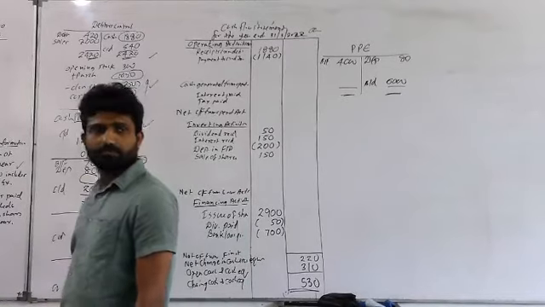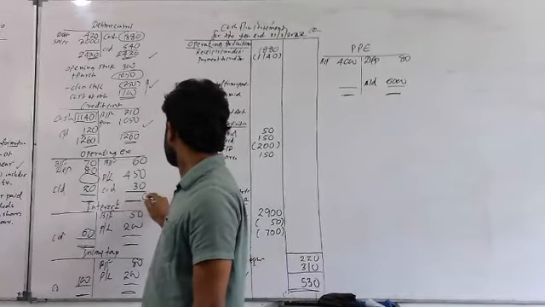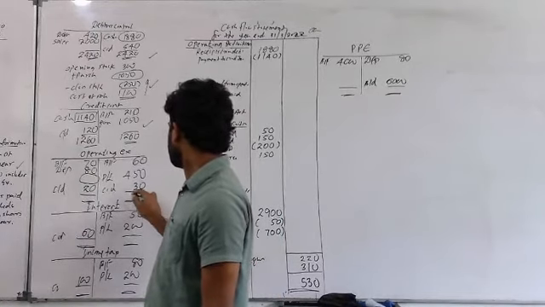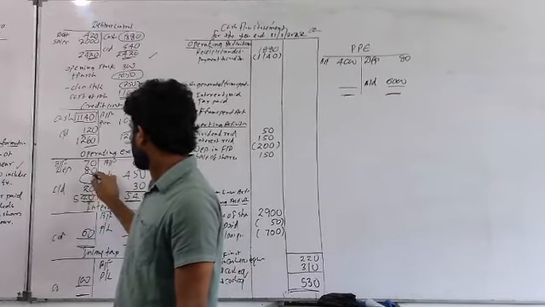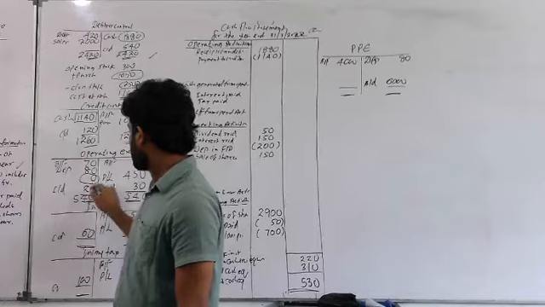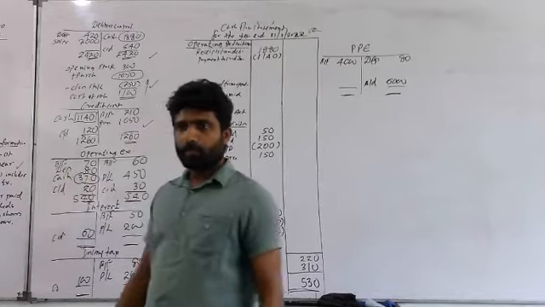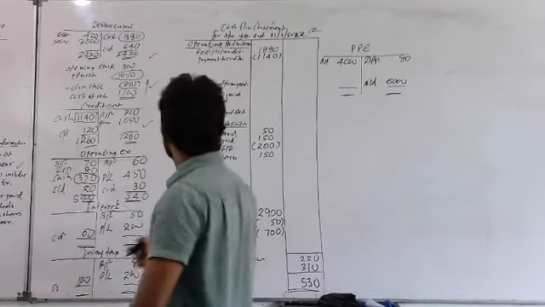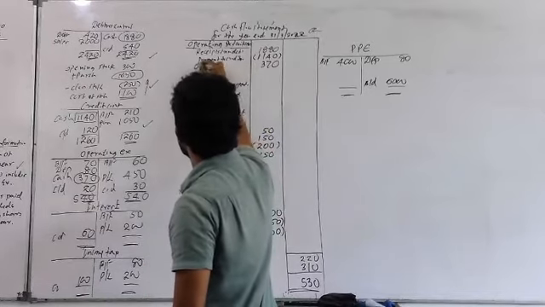What is this? This is a payment in cash. Yes. Operating expenses paid, 370. Take this 370. Operating expenses paid.